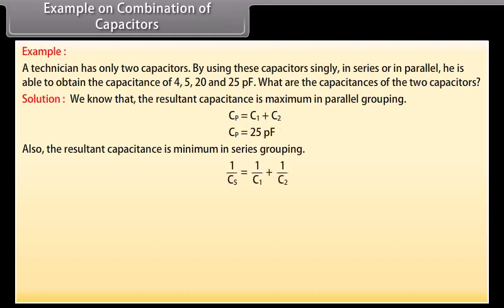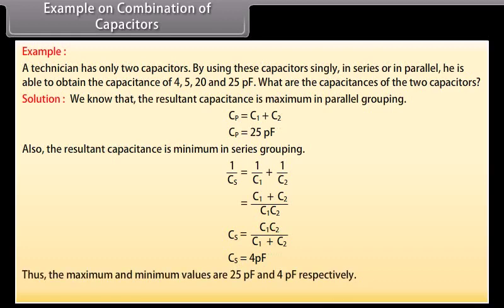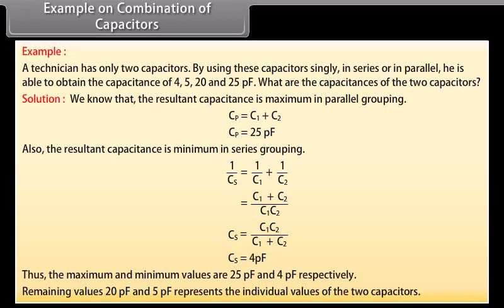Reciprocal of Cs is equal to 1 upon C1 plus 1 upon C2, or Cs is equal to 4 picofarad. Thus, the maximum and minimum values are 25 picofarad and 4 picofarad respectively. Remaining values 20 picofarad and 5 picofarad represent the individual values of the 2 capacitors.